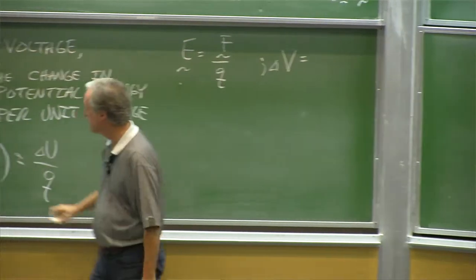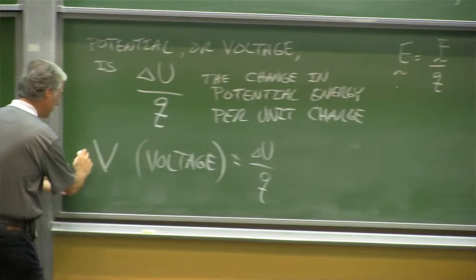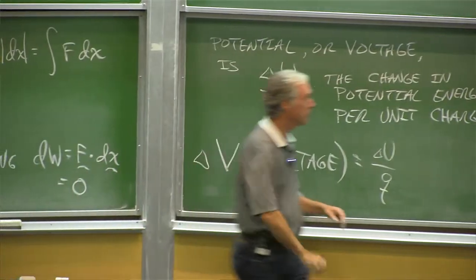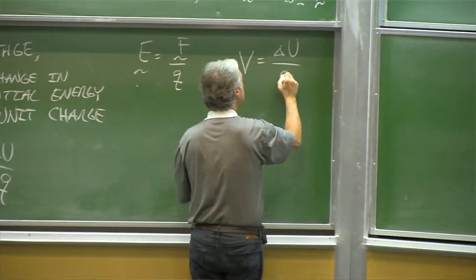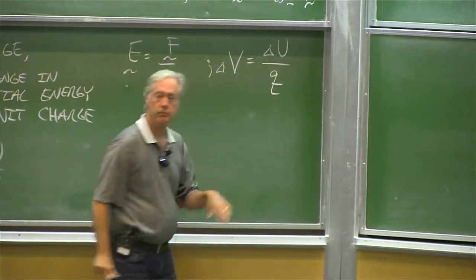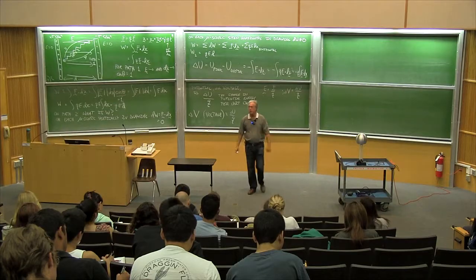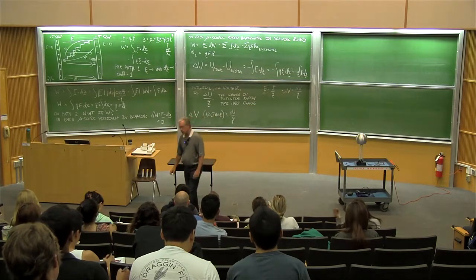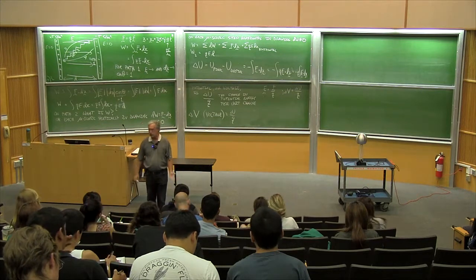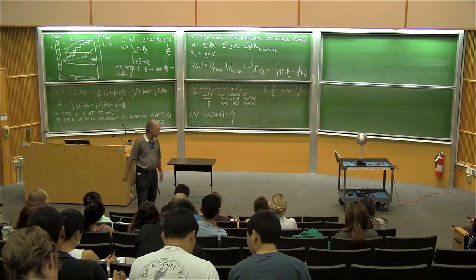Let's put a change here for now. Put a delta in front of it, and we'll get rid of that in a minute. So we have a delta, we're doing per unit charge on these two things. And this is very useful. Now, the voltage. Let's see.